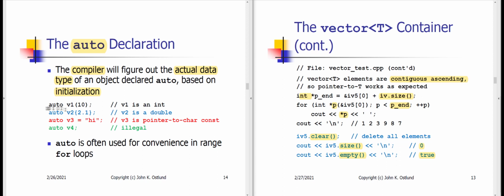So let's take a look at this first example. Here I'm saying auto v1 = 10. Now, because I've given 10 as my initialization, and because 10 is an int, that means the compiler will deduce that v1 is also an int.